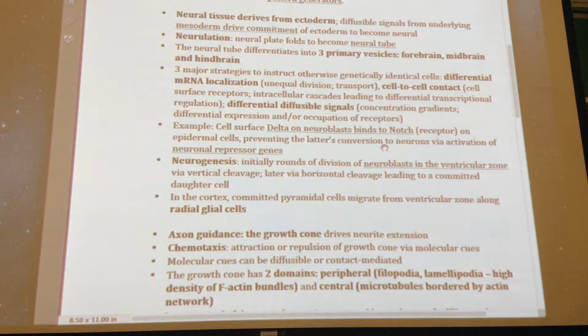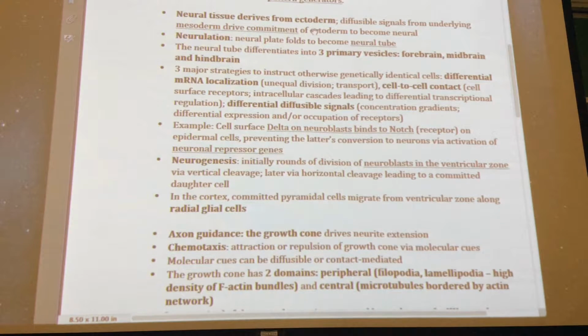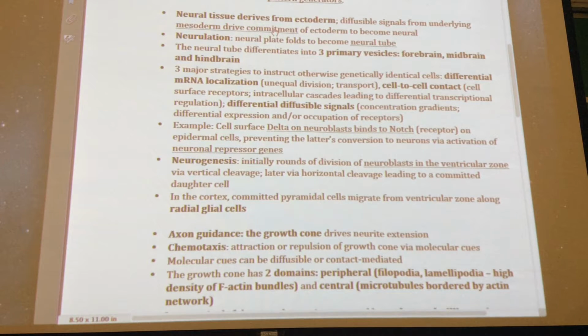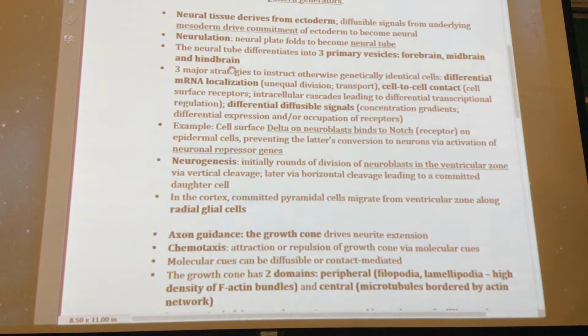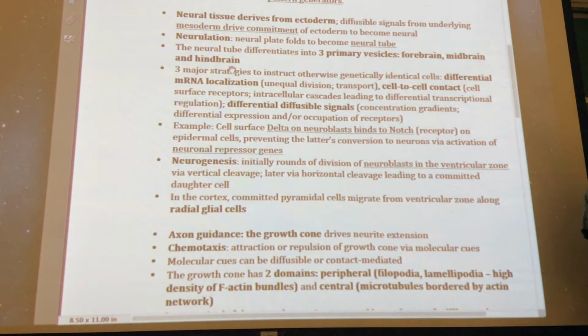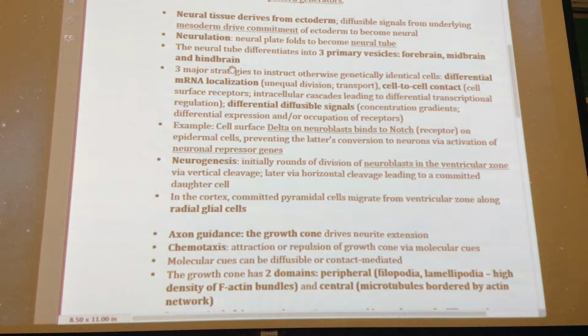They generate a neural plate, okay, that neural tissue derives all from the ectoderm, okay? The ectoderm sits over the top of the mesoderm, and the mesoderm actually sends signals, not the morphogens, but there are inducing signals, that induce the ectoderm, let's just say part of the ectoderm, actually, the key central part of it, to become neural.